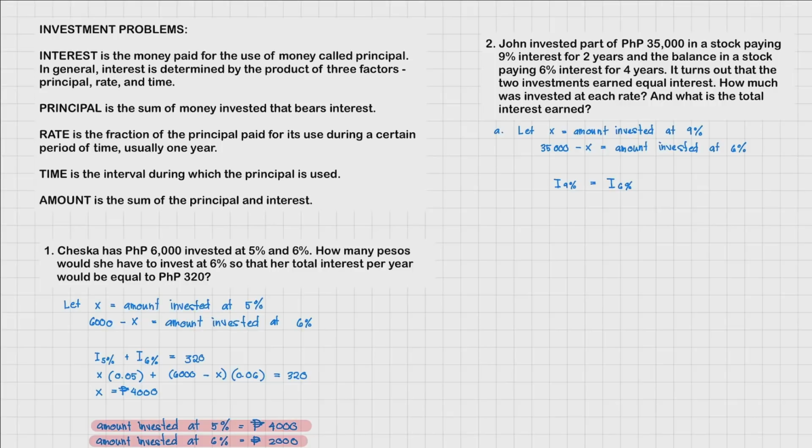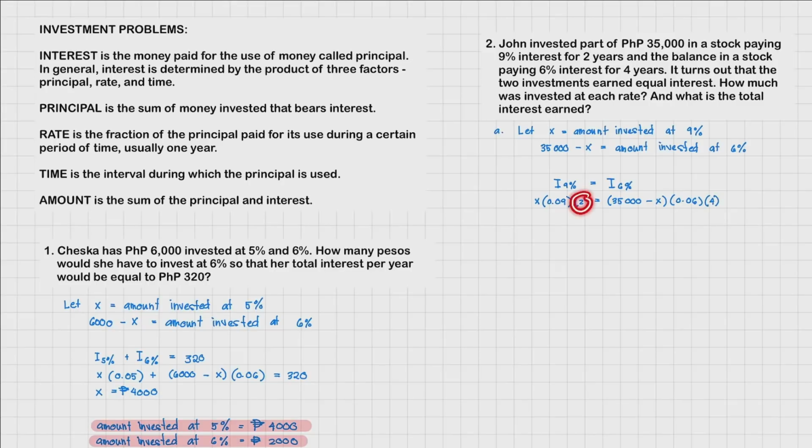So, we could rewrite that as, the amount invested at 9%, which is X, multiplied by 0.09 for the interest, times 2, and that is equal to the amount invested at 6%, which is 35,000 minus X, and it is earning an interest rate of 6%, which is 0.06, and we're going to multiply that by 4.